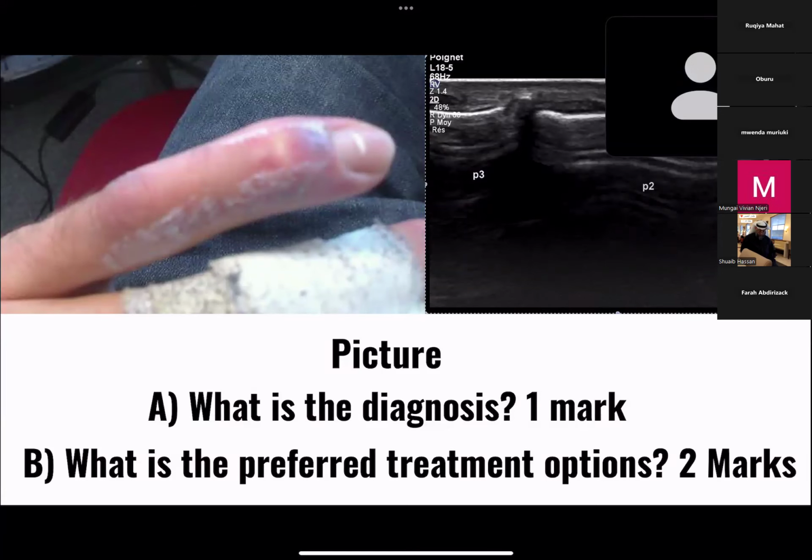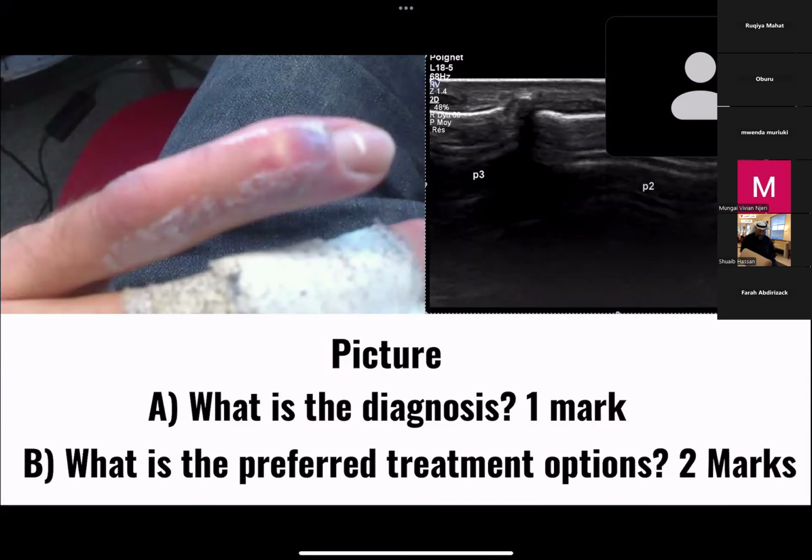Question: how do you tell the difference between a mallet finger and a swan neck deformity? Good. In a mallet finger, usually it's just the extensor tendon that is gone. So you cannot extend the distal interphalangeal joint. But a mallet finger can complicate into a swan neck deformity.